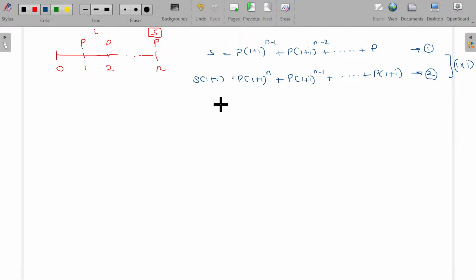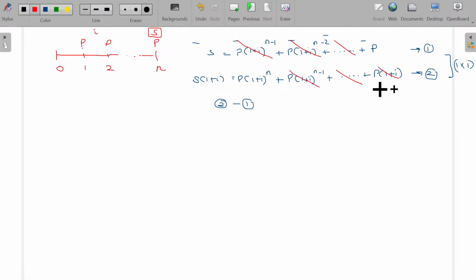Now I am going to subtract equation number 1 from 2. So I am changing the signs. If I change the signs, what happens here? The first term of the first equation and the second term of the second equation are the same, so they cancel. The second term will be cancelled with the third, and last but one will get cancelled with this one.